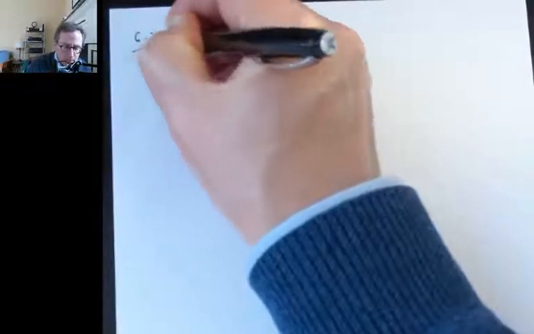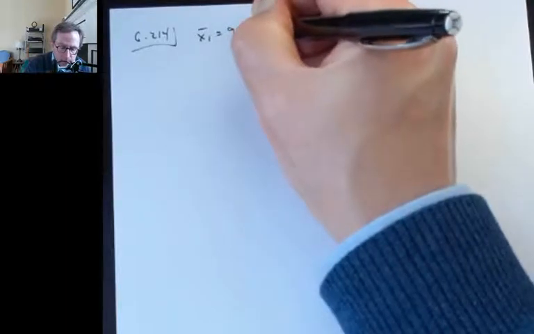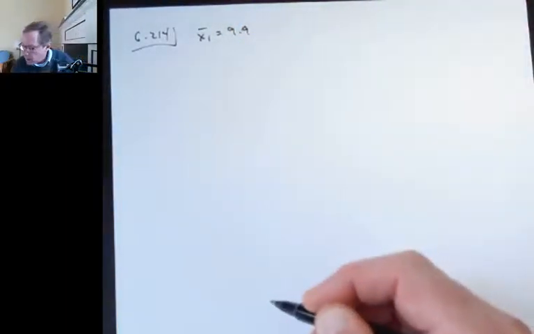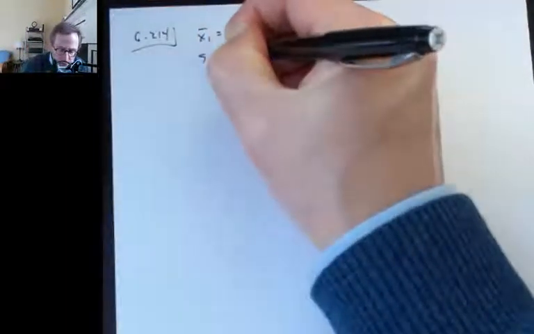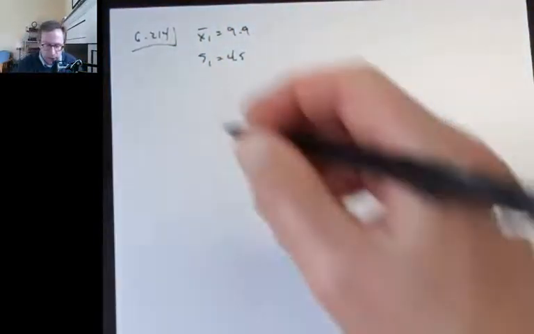Okay, so let's have a look, see how I do. So this is number 214. Just to write down all the numbers, I know they were hard to read. So I'm looking at x1 bar is 9.9, S1 is 4.5, and N1 is 20.